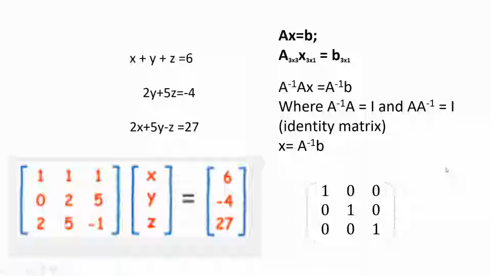Matrices provide the ability to reduce the big dimension to a manageable dimension. Once you have a matrix, we need to define what is called the inverse concept, and that's what A inverse means.